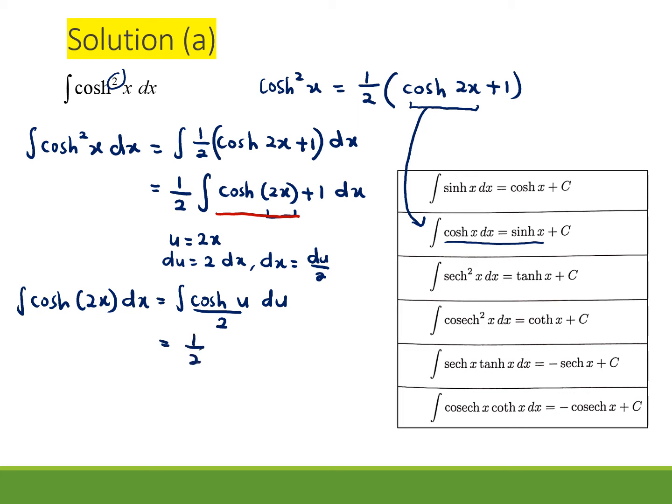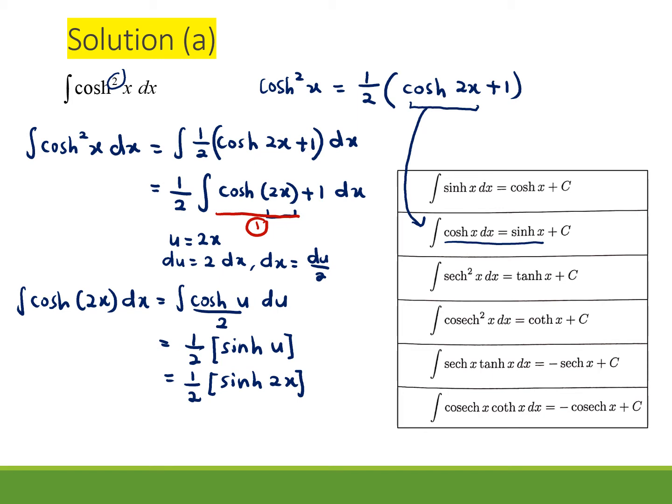Okay, then we have 1 over 2 cos hyperbolic u, which integrates to sine hyperbolic of u. Okay, now we have this and we substitute u with 2x, where here we get sine hyperbolic of 2x. Okay, now we have solved the first integration.